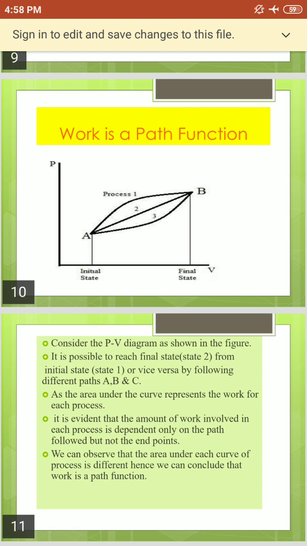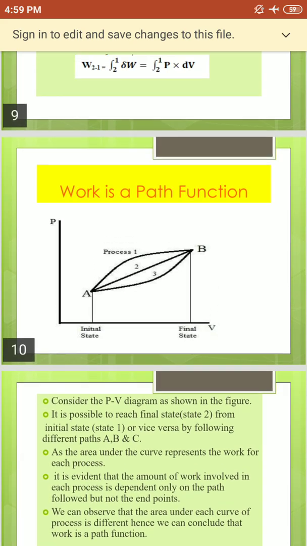Mention point A as the initial state and point B as the final state. The PV diagram is as shown in the figure. Then check the areas A1B, A2B and A3B. Check whether the area is the same or different. Because the area is different, the volume of A1B compared to A2B is different. Therefore you have to say that work is a path function.